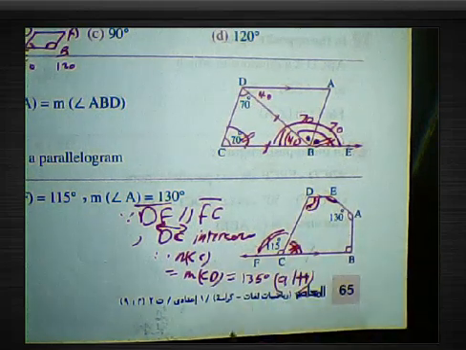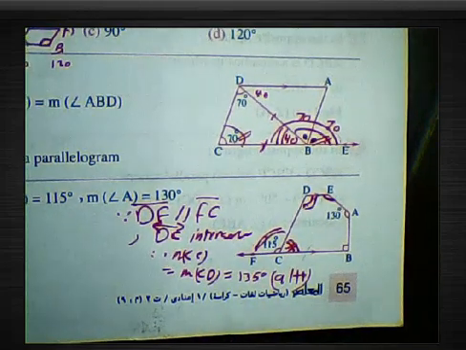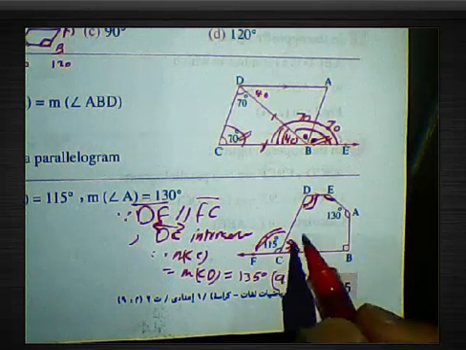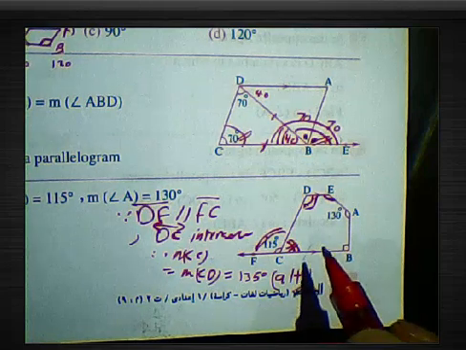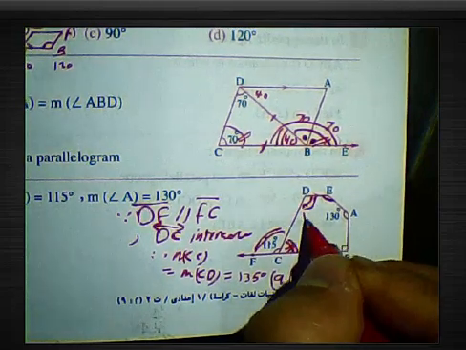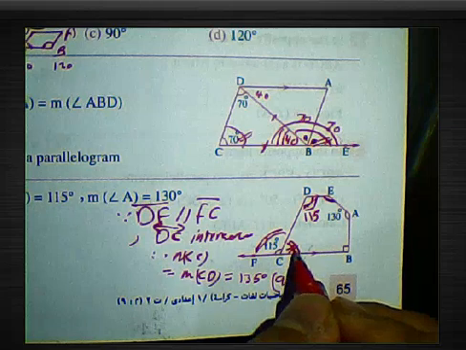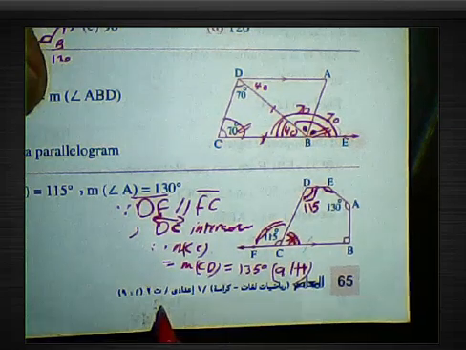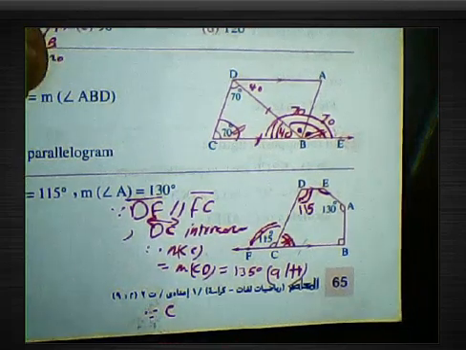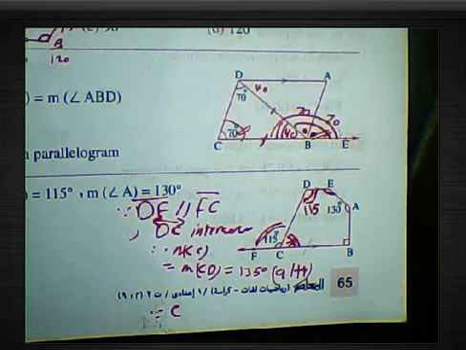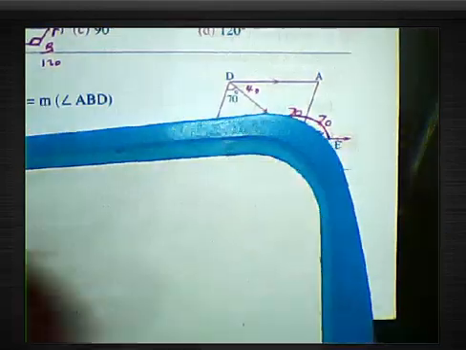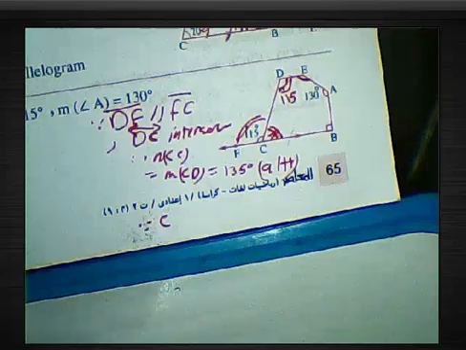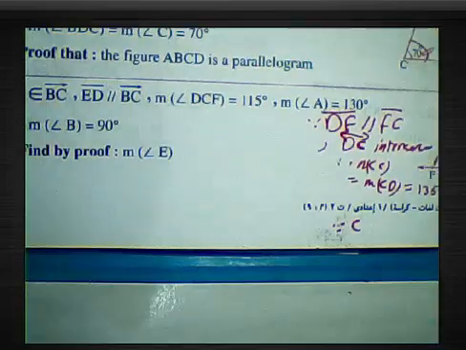We have alternate angles. Okay, and then we can find the measure of the angle in this example. Okay, I will complete the result here. Okay, my students, pay attention to the steps.